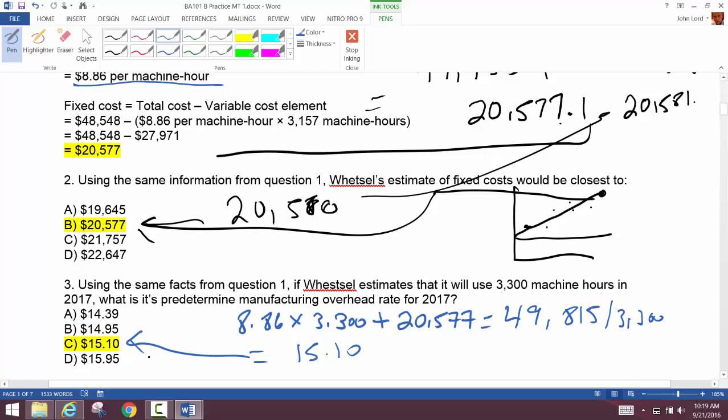Once I come up with it, in some questions I may ask you for the total estimated overhead, which is 49,815. That could have been the answer to another question. Here I just ask for the predetermined overhead rate, so you have to know to divide the estimated overhead by the estimated number of hours.